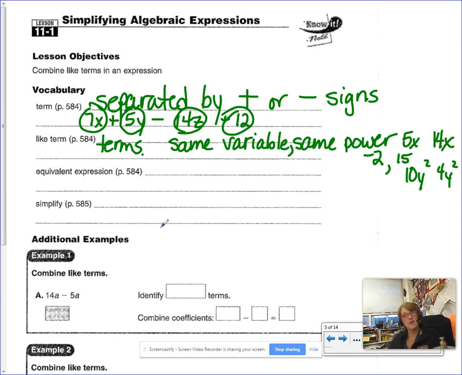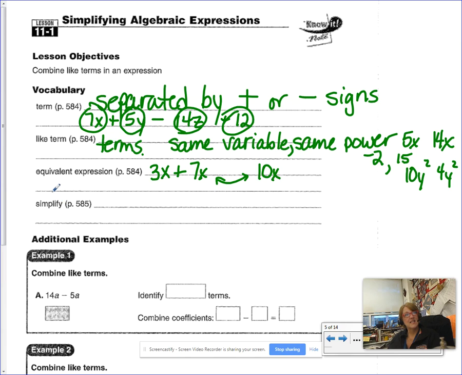Anytime you see terms that are alike, you can combine them together. Okay, an equivalent expression, let's say I had something like this: 3x plus 7x. That's an algebraic expression. But if I combined them together and got 10x, these two are the same thing, okay?